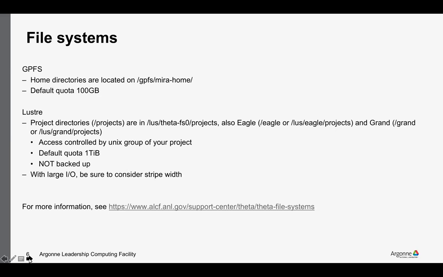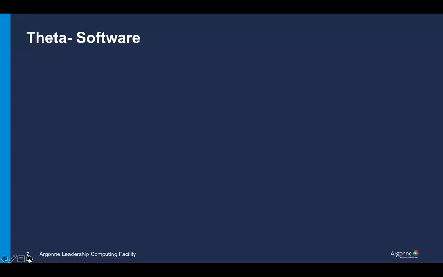The default quota is 1 terabyte, but please feel free to request increases. While the project directories data is persistent, it's not backed up, unlike the home directories, which are backed up. For more information, see the link at the bottom.